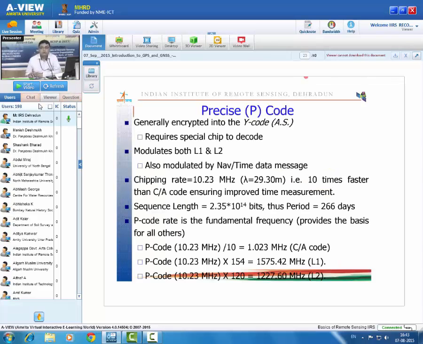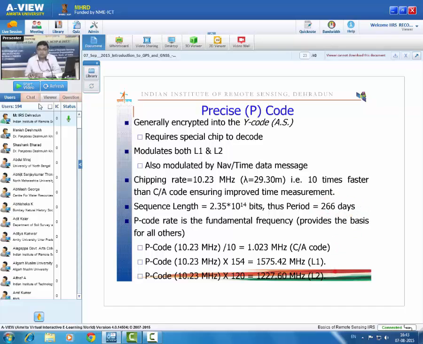The precise code has a wavelength of 29.3 meters. It is about 10 times faster than the coarse acquisition code. It is actually a very long code, 2.35 times 10 to the power 14 bits, with a period of 266 days.